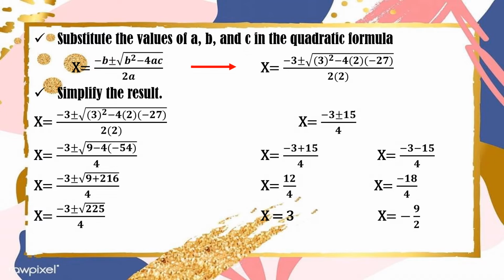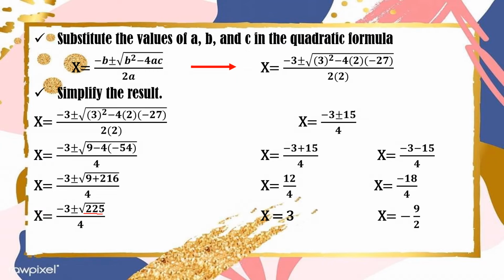Then x will be equal to negative 3, plus or minus the square root of 9 plus 216, all over 4. Then x will be equal to negative 3, plus or minus the square root of 225, all over 4. So this time, we're going to get the square root of 225. The square root is 15.